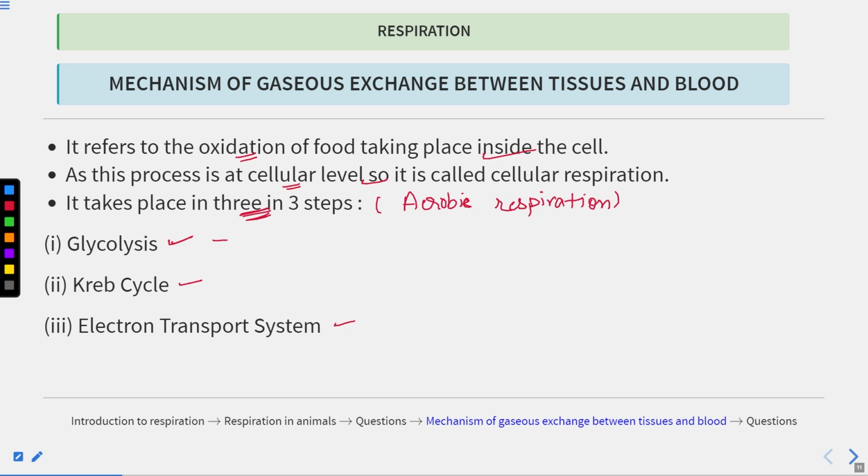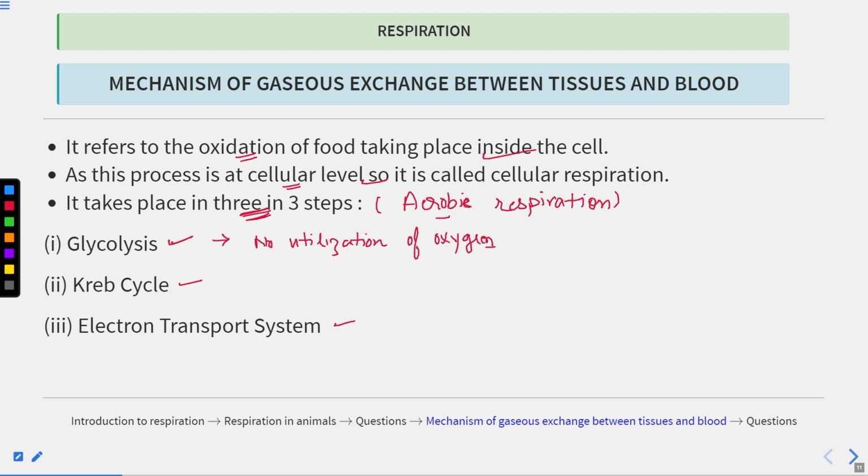Glycolysis, we have already discussed in the previous lecture, is the common pathway for both aerobic and anaerobic respiration, and there is no utilization of oxygen here. That's why it is a common pathway for both, and glycolysis doesn't use any oxygen.